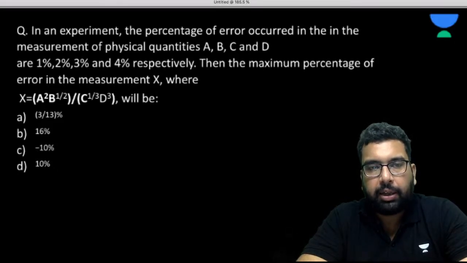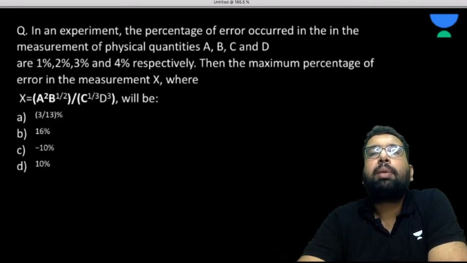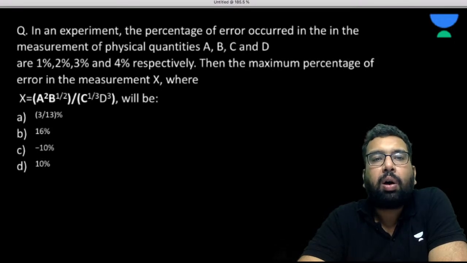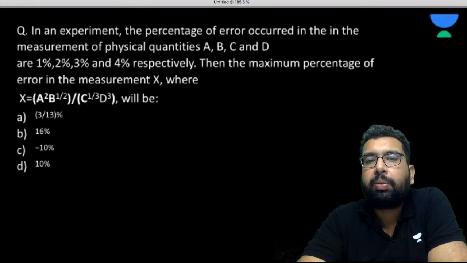How can we do this? It says: in an experiment, the percentage errors in the measurement of physical quantities A, B, C, and D are 1%, 2%, 3%, and 4% respectively.